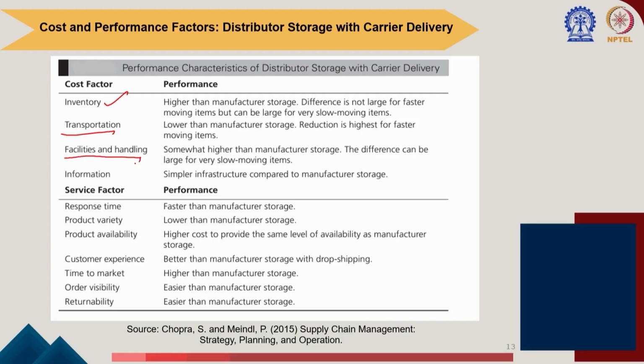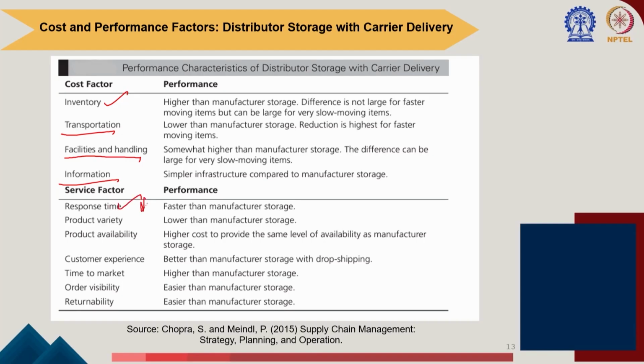Facilities and handling will be higher compared to the last two networks, because now we are locating the inventory near the customers at the distribution location where handling will be done, right. Information, you need not invest that much because a simple information structure will do, because you have introduced one or two more players in that network, right.